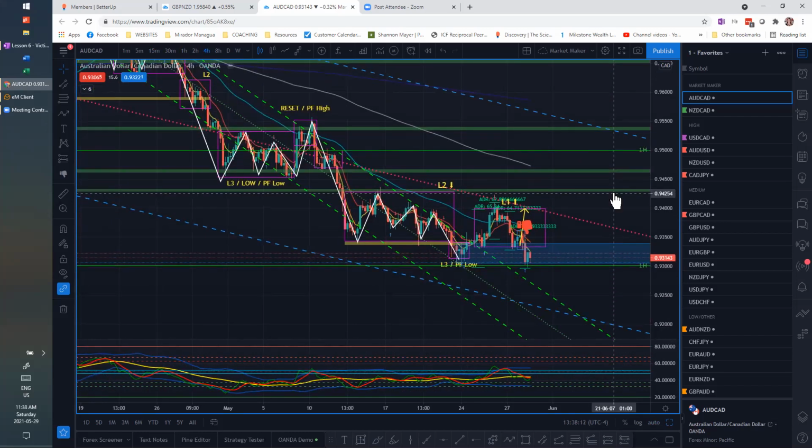Boris, how accurate has your tool been in terms of predicting the peak formations and the resets? Yeah, I haven't really been using it so super much, but basically it looks for a peak, and then if something moves in the other direction, like a whole ADR, then it'll say that's the new peak formation.